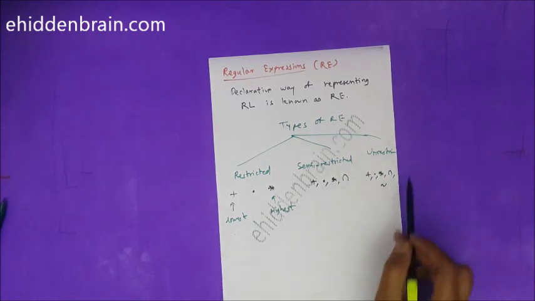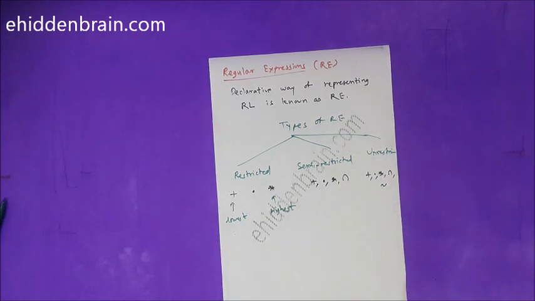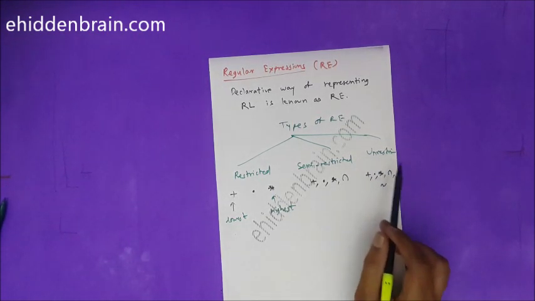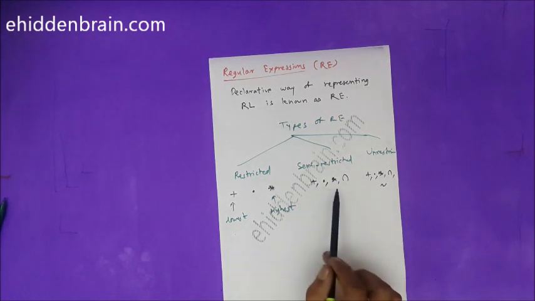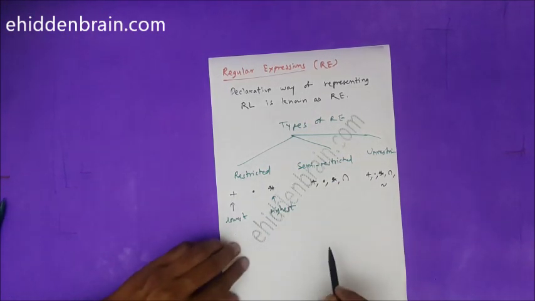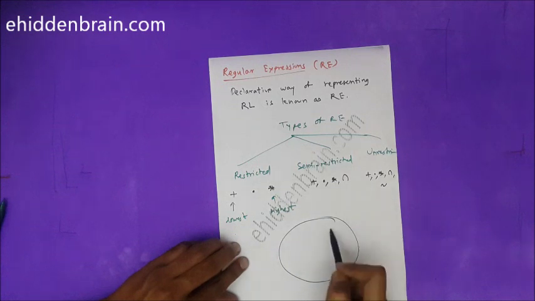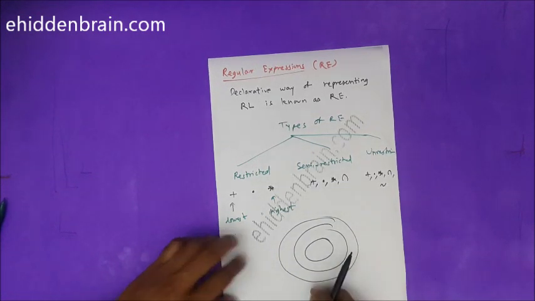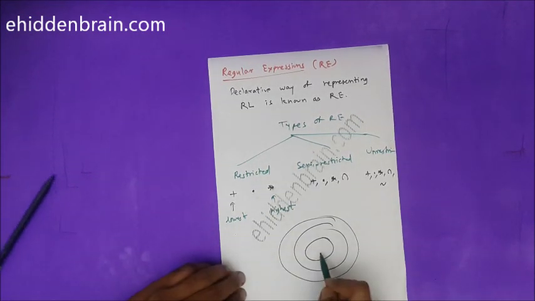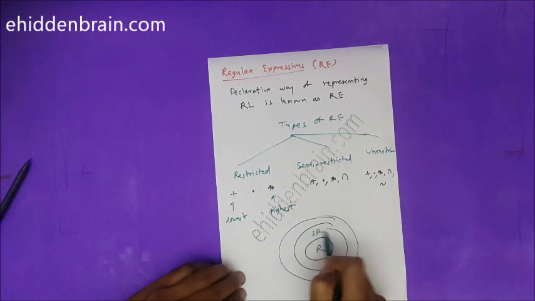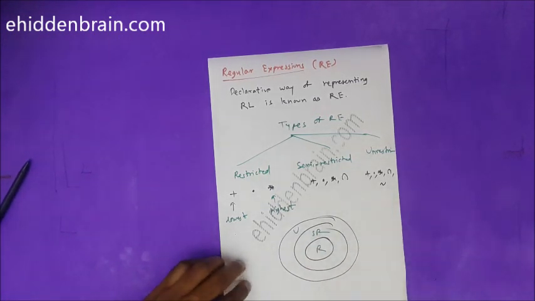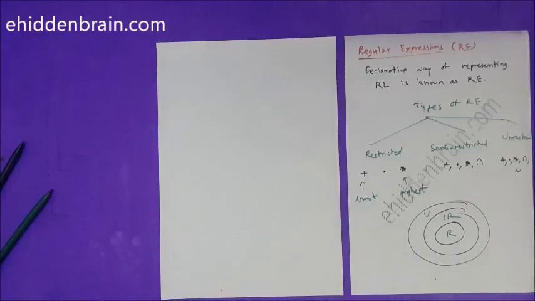So a lot of operations are possible. Almost all the operations are possible in unrestricted type. Semi-restricted will be having 4 operators and the restricted will be having 3 operators. So I can say this will be definitely restricted, this will be semi-restricted, and this will be unrestricted regular expressions.